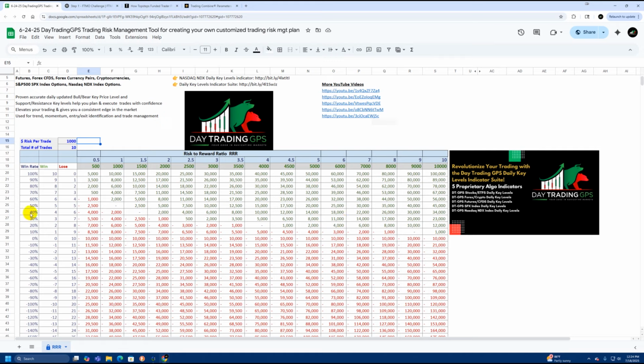With a 40% win-loss ratio, you would use a 4-to-1 risk to reward ratio in order to reach the $10,000 milestone to pass the trading challenge. If you have a 50% win-loss ratio, meaning you're winning just as much as you're losing, then a 3-to-1 risk to reward ratio.